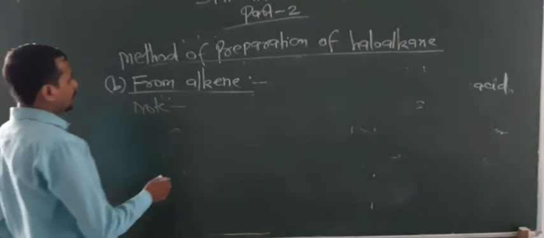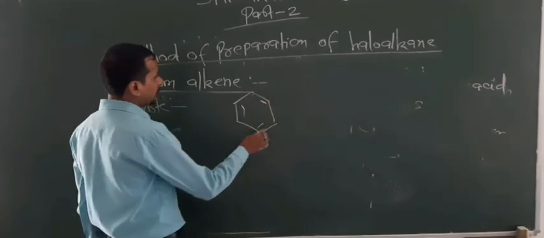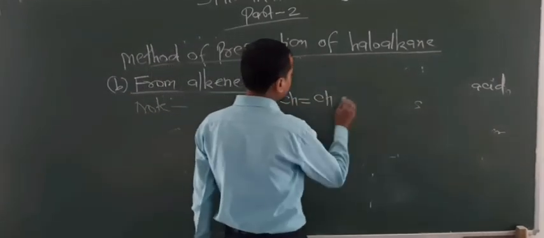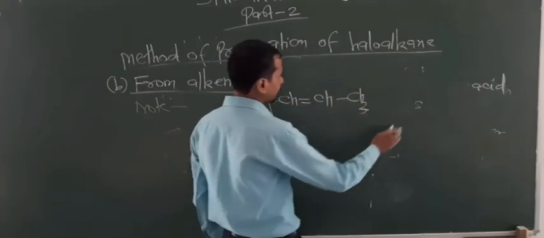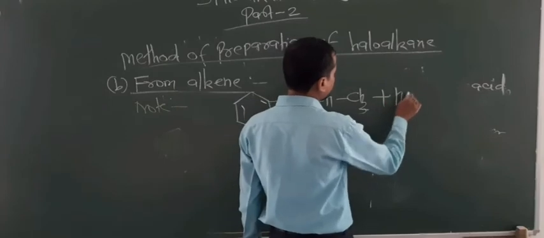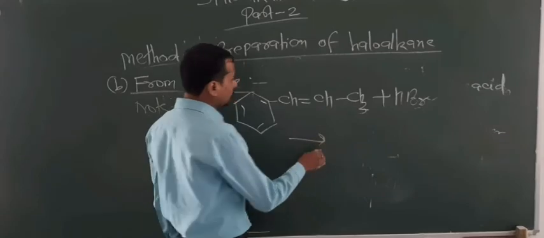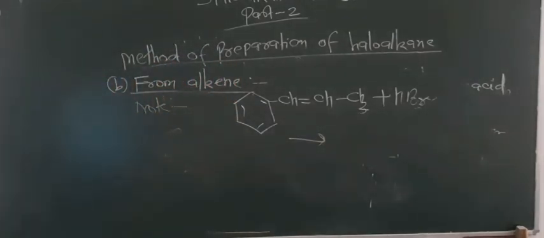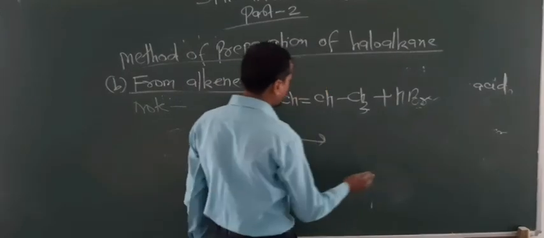Now look at one condition. Here one example is given like this: CH double bond CH single bond CH3. Now if this reacts with HBr, then according to Markovnikov the product will give two products, because here both carbons have the same number of H. So look at the conditions according to Markovnikov rule.